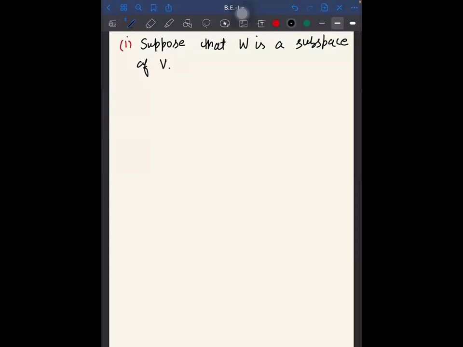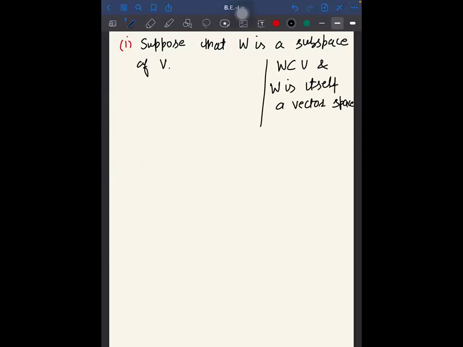It should be a vector space over the same field, and it should be a subset of that particular vector space. So first of all, W should be a subset of V, right? Always keep in mind, if W is a subspace of V, that means W is a subset of V and W is itself a vector space, right?